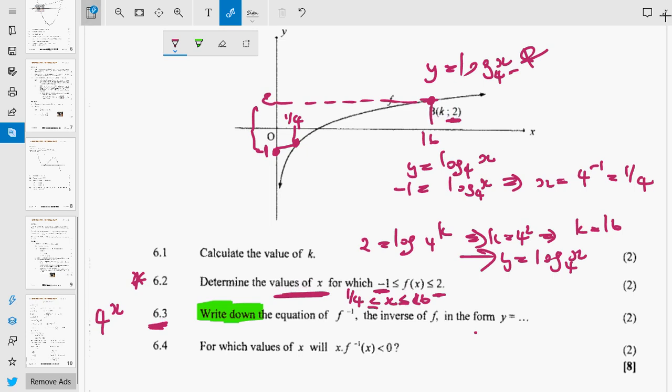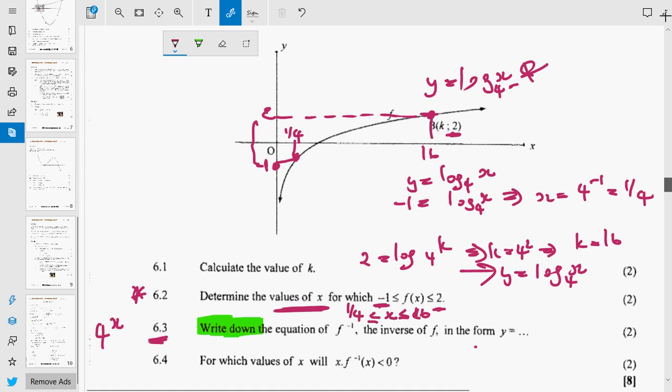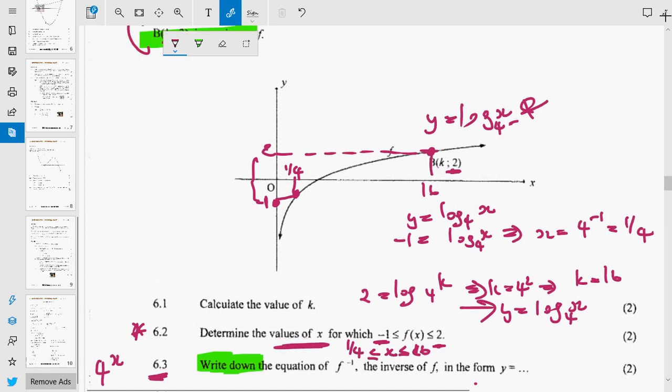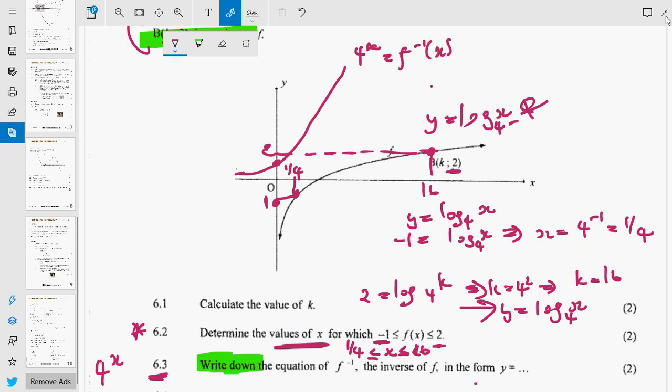Now, I'm going to put a rough sketch of this graph because the last question is very tricky. I think it's best understood if the picture is in front of you. So, the inverse of this graph will look like this. Okay, so this is the inverse.